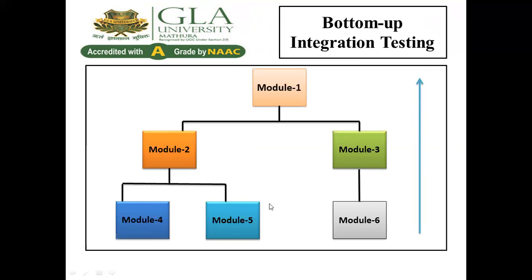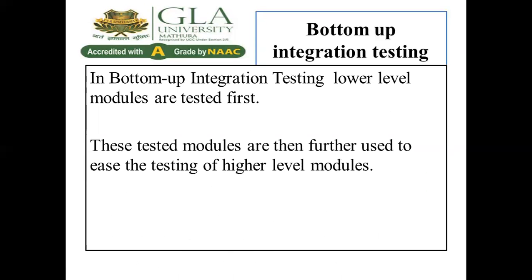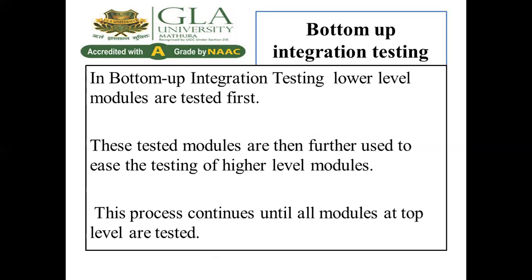As in the diagram, you can see we are moving from very basic level modules to higher level modules. In the bottom-up method of integration testing, the modules of lower level are tested first, then we move to modules of higher level, and we continue this process until we reach the top level module.